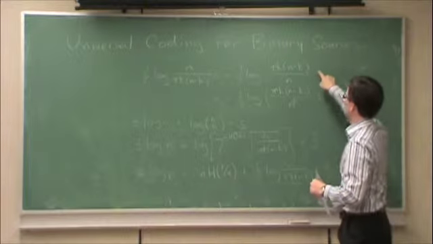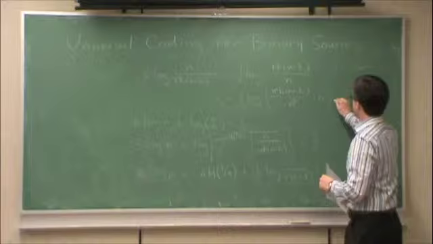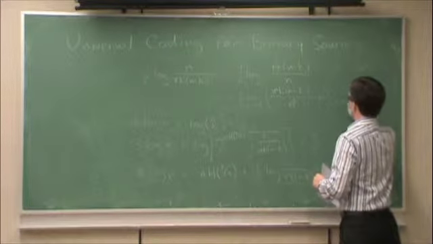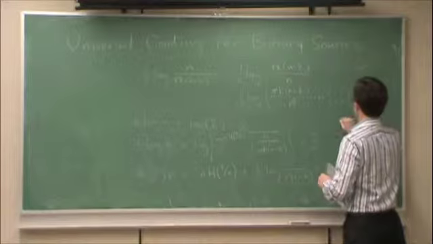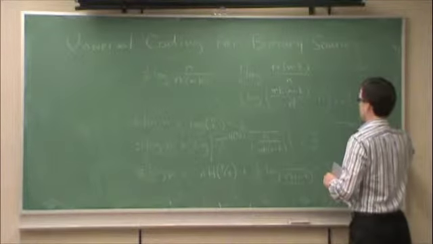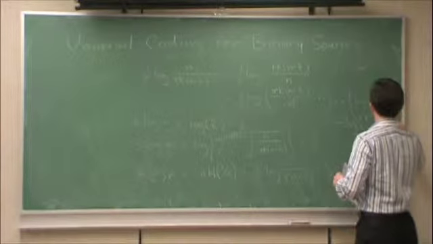Basically, what I did was multiply top and bottom by n, which is equal to minus 1/2 log n minus log pi k/n (n minus k)/n.